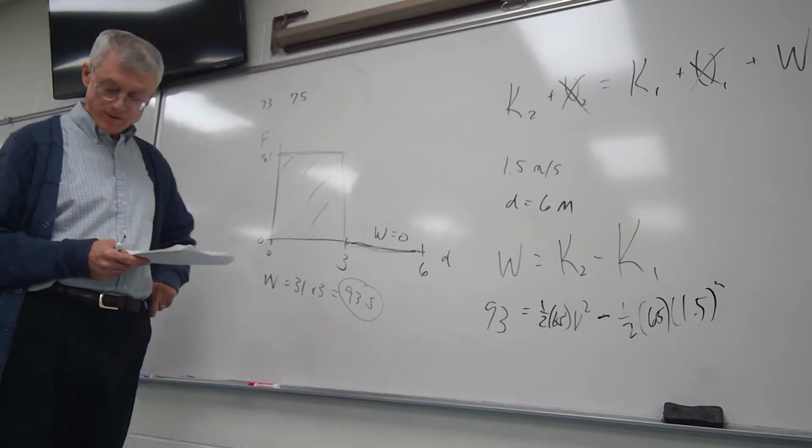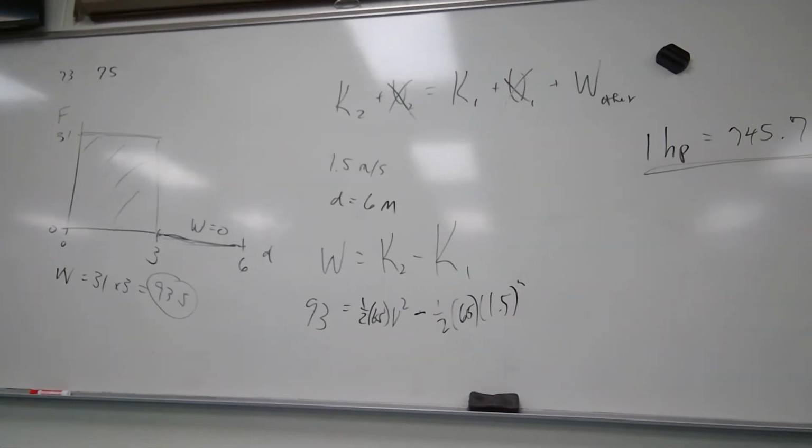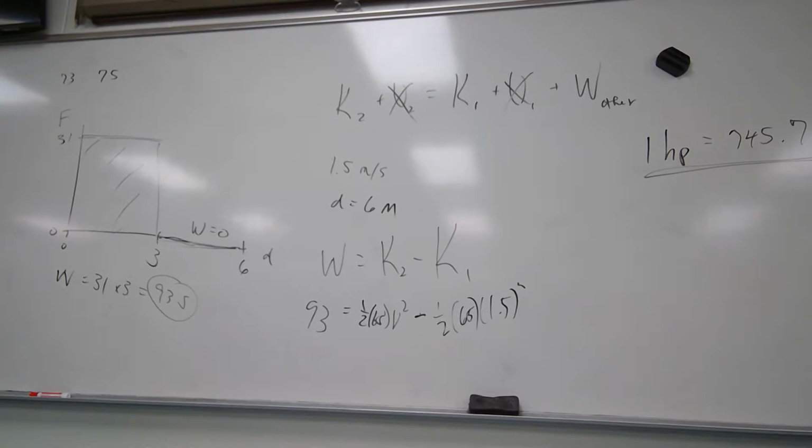Wait, there's something wrong here. What is it? The work done is 93 joules. The final kinetic energy is 1/2 mv squared. We don't know v. The initial kinetic energy is 1/2 m 1.5 squared. So maybe that is right. Did you all do this and get 2.3? Anybody get 2.3 meters per second for the answer?